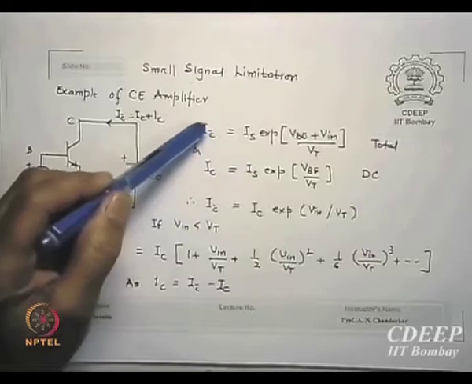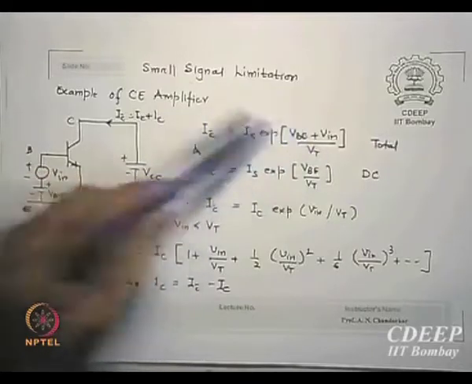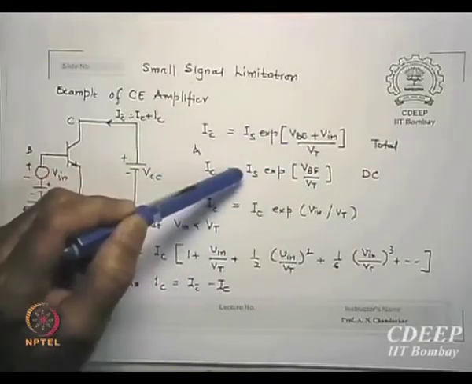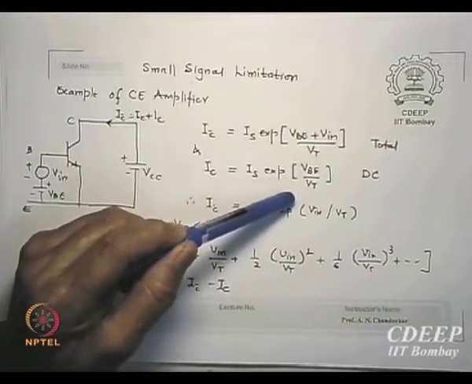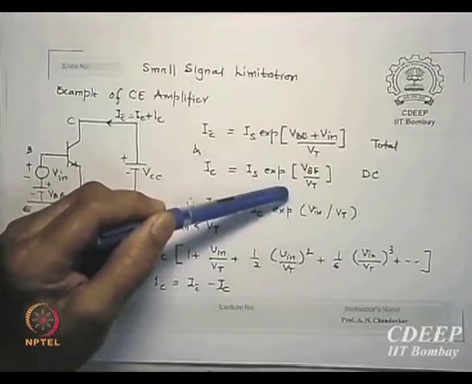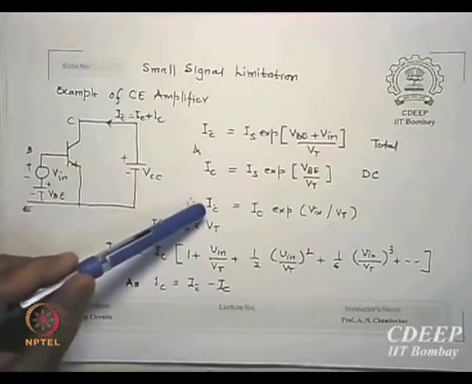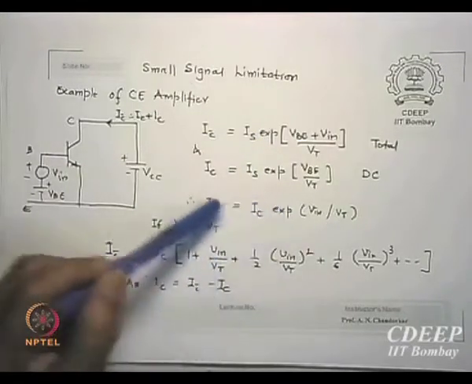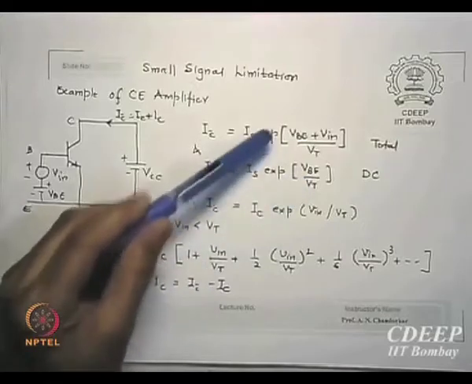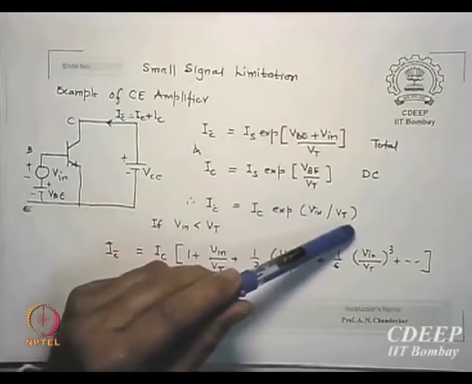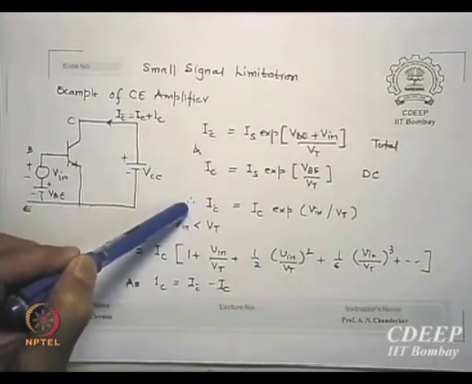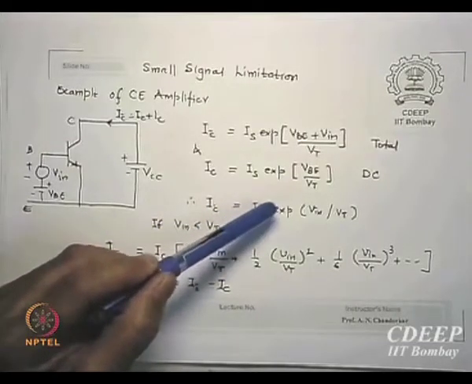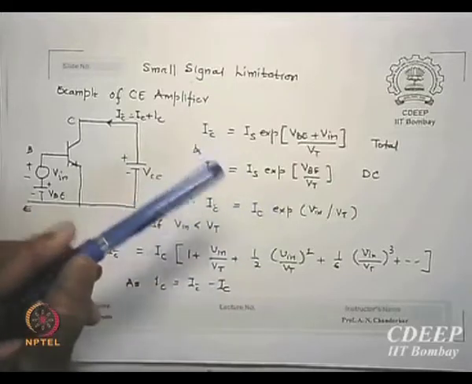Okay, so if this is the total current and I take the DC part, IC is equal to IS exponential VBE by VT, with no Vin added. So this is DC, this is total. So what is the AC part in that? The total is therefore IC times exponential Vin by VT. Just substitute here. So you get total IC equal to DC IC times exponential Vin by VT.